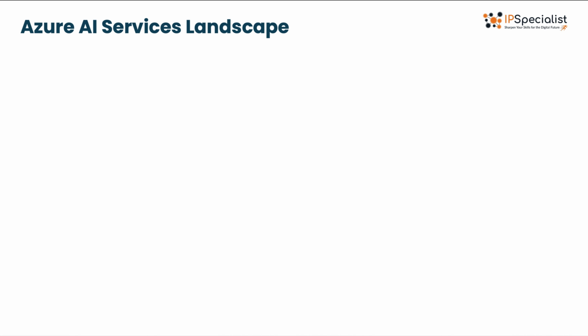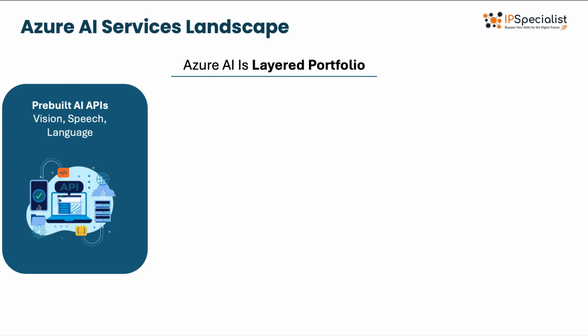Now that we understand Microsoft Azure at a high level, let's look at how artificial intelligence is delivered within the Azure platform. Azure AI is not a single service. It is a layered portfolio designed to support different AI use cases and levels of complexity. At the foundational level, Azure provides pre-built AI APIs for common scenarios such as vision, speech, and language.